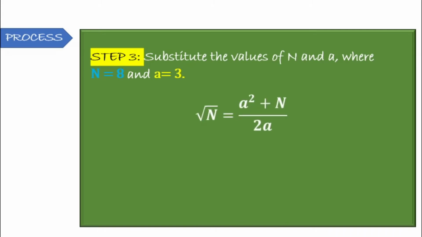Alright, so here's the formula so we don't forget. Substitute: the square root of 8 is equal to a, which is 3, squared plus n, which is 8, all over 2a, which is 3. So we have 3 squared plus 8 all over 2 times 3.